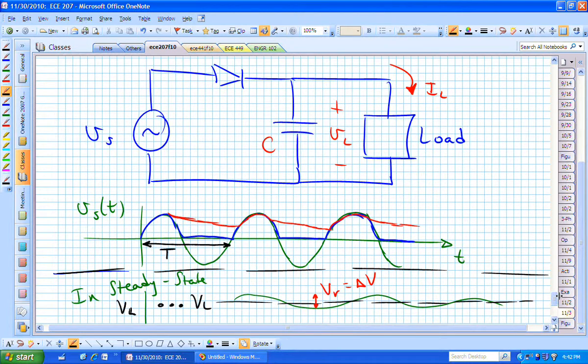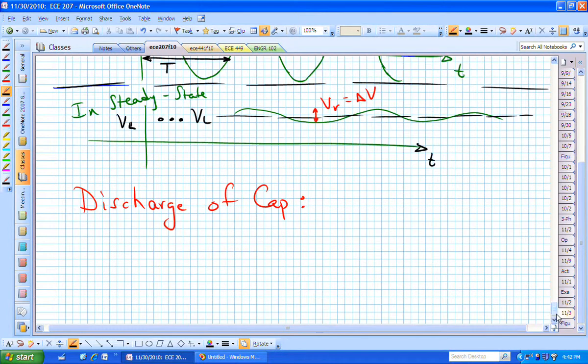I'm going to lose an amount of charge. Maybe I want to say delta Q is going to equal I sub L times T. I sub L is coulombs per second, T is seconds. So if I take the current times the time, that's the amount of charge I'm losing off of that capacitor.